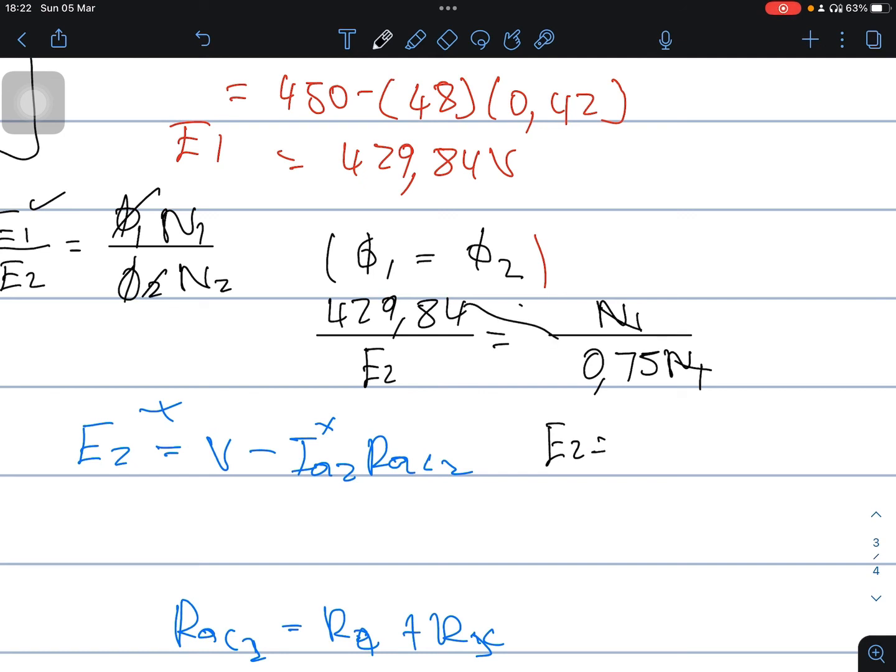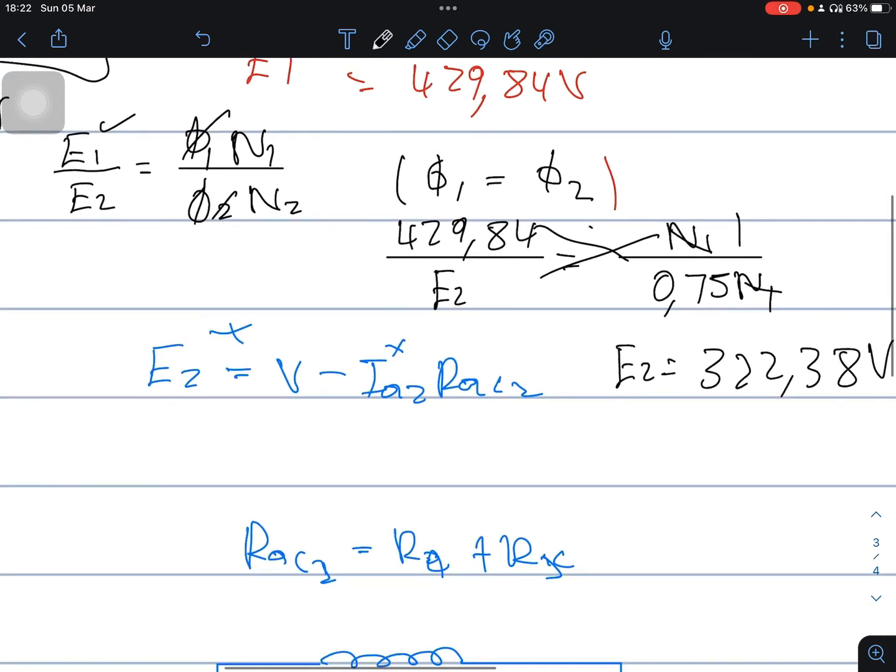Cross multiply: 429.84 times 0.75. That is going to be 322.38 volts.